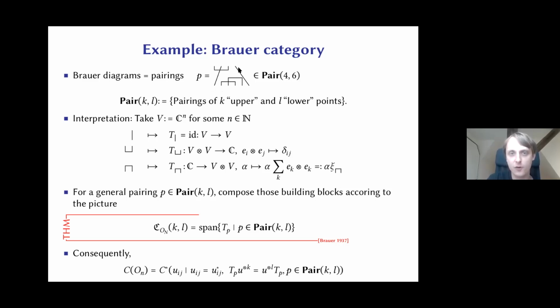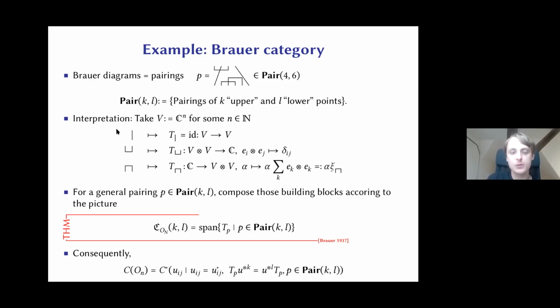So here I have 4 points here and 6 points here, and now I pair them together. So those strings denote this pairing. And yes, so I can define this set of all pairings of k upper and l lower points.